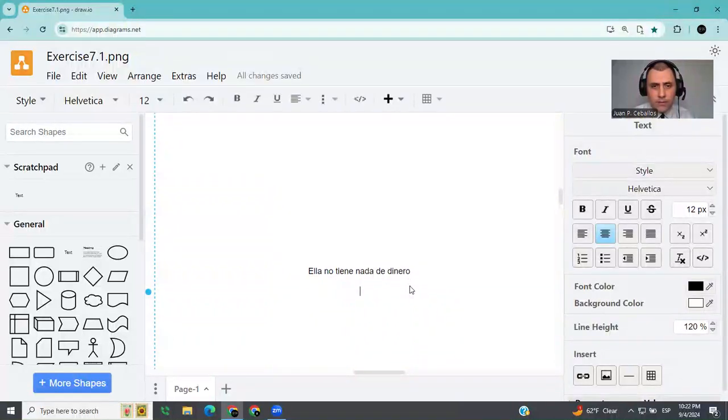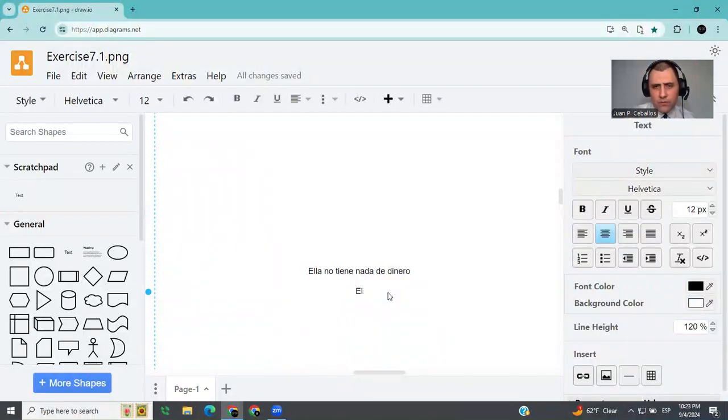And the other case is ella nada tiene. Bueno, with nada is a little weird. With nada, we mostly use two negatives, no, nada. In some cases, you may find something like this, but this is not very common.